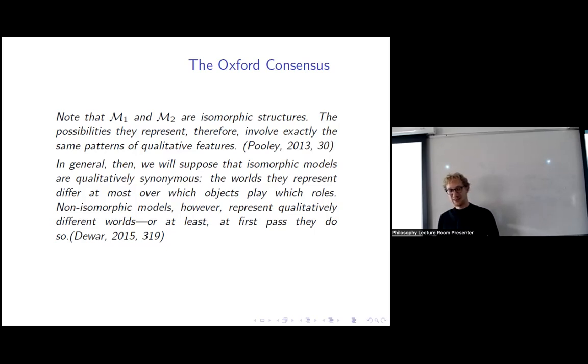The worlds they represent differ at most over which objects play which roles. Non-isomorphic models, however, represent qualitatively different worlds, or at least at first pass they do. I guess Neil's a little bit more hesitant here, but what is interesting is he's giving both directions: isomorphic, qualitatively identical; non-isomorphic, qualitatively distinct.